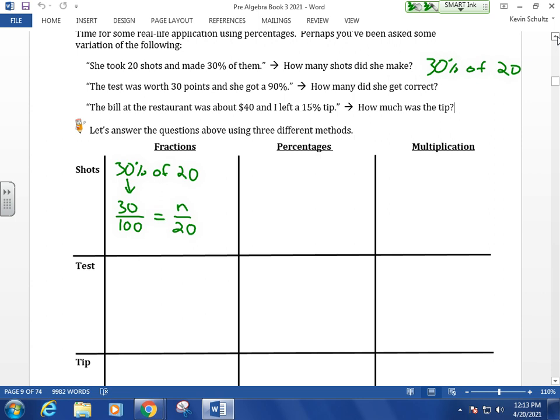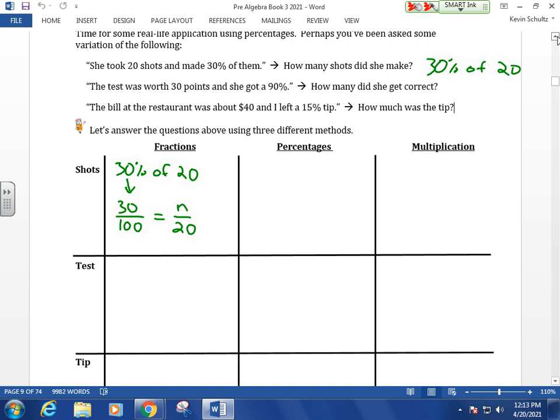Shooting at 30%, if she took 100 shots, she'd made 30, but she only took 20. So what's that equivalent rate? What's that scale factor? I'm using all these words that we've talked about before and trying to help you see the method that we're going to use here.